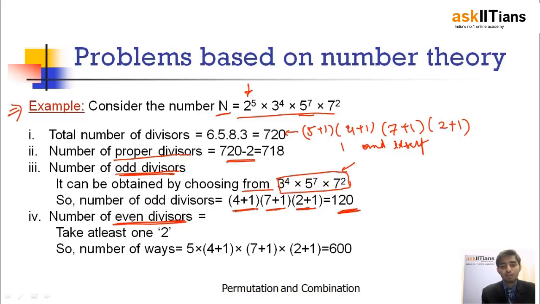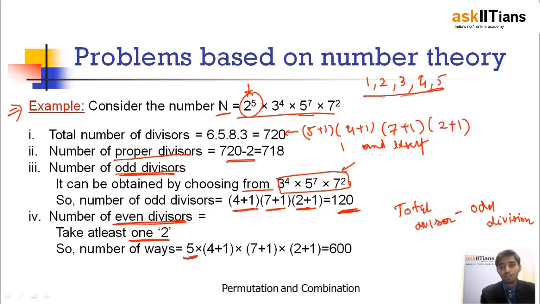Now if I want to find the total number of even divisors, one thing you can do is take the total divisors and subtract the odd divisors, so you will get all the even divisors. That is one method. The other method is that you take at least one 2. At least one 2 you will have to take, so that will be given by 5. Either you can take one 2, or two 2s, or three 2s, or four 2s, or five 2s.